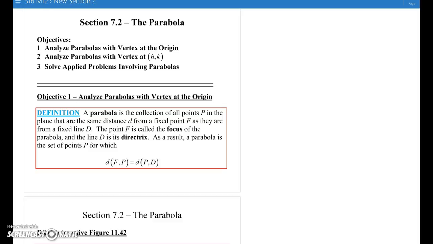So a parabola has a geometric definition that says it's a collection of all points that are the same distance from a fixed point F, which is called the focus. So if this is the focus and this is the vertex, then this line has a name, it's called the directrix, and it's the line that is the same distance from the vertex as the focus is.